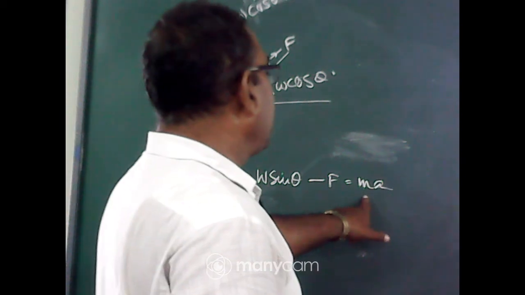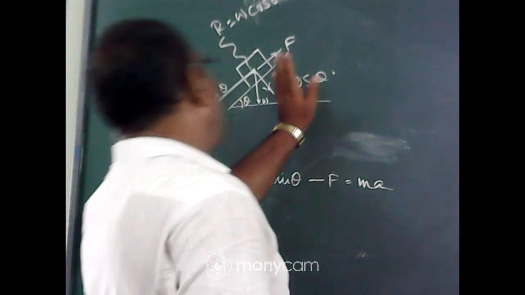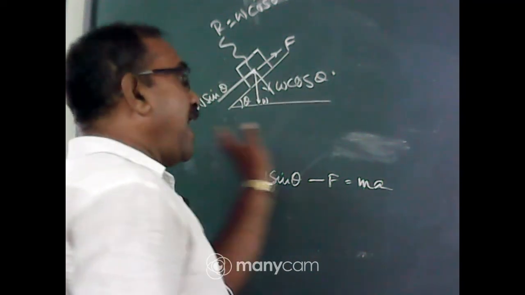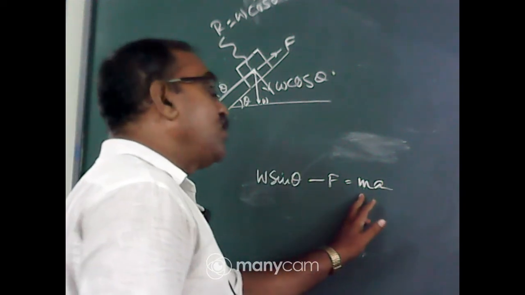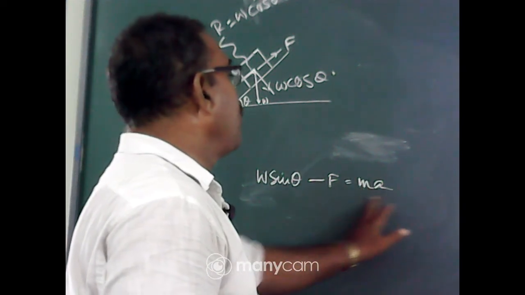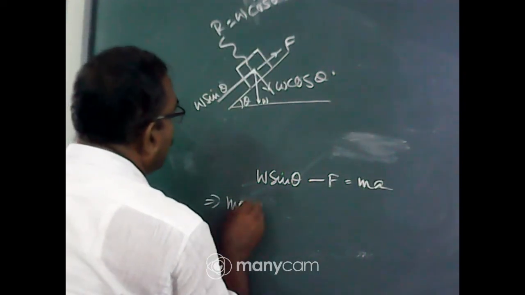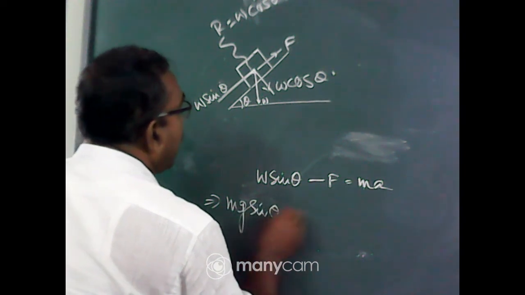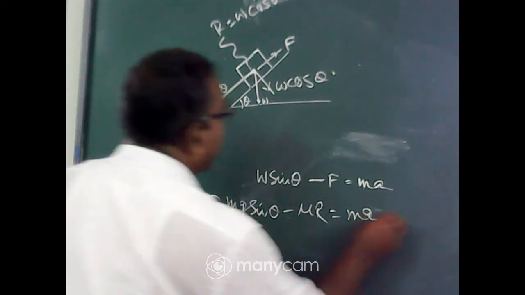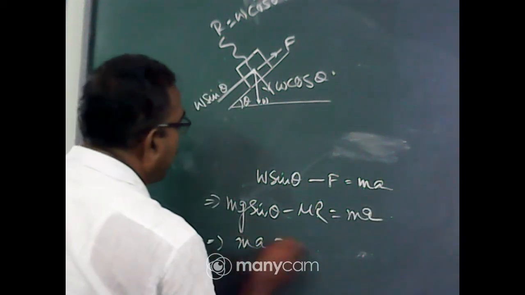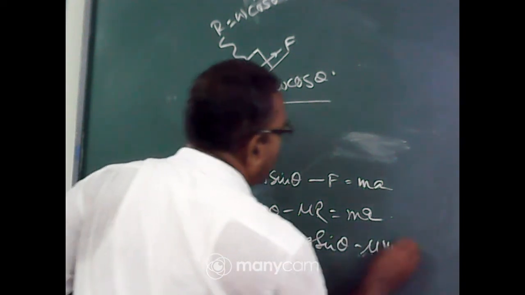What is the meaning of it? Because you see here, this is more than that. After this, the object will be moving in the downward direction, and the velocity will gradually increase, creating some acceleration, so the resultant force will be m into A. So, W means m into g sin theta, F means mu into R equal to m into A. So, m into A equal to m into g into sin theta minus mu into m into g into cos theta.